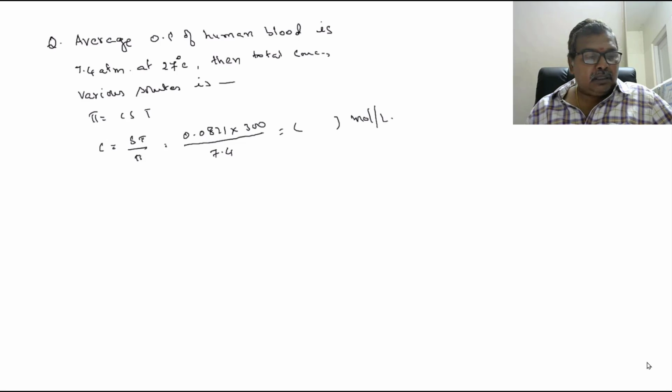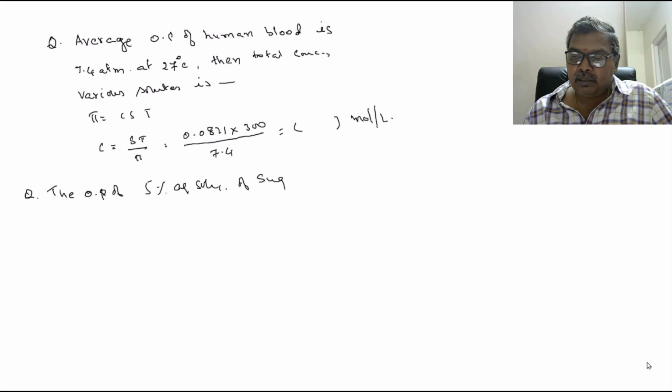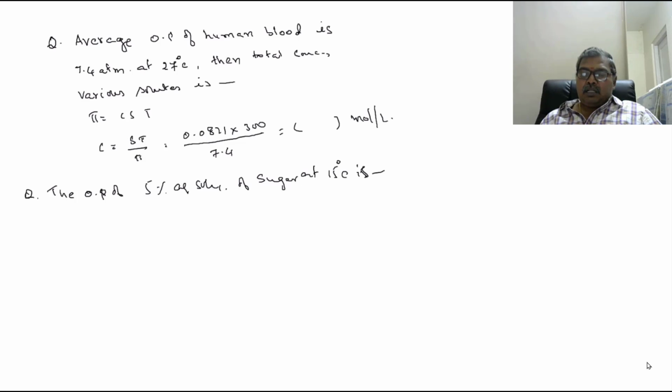Next, see, the osmotic pressure of a 5% aqueous solution of sugar at 15 degrees Celsius is dash. Here the examiner didn't give percentage by weight or percentage by volume, so treat it as percentage weight by volume.